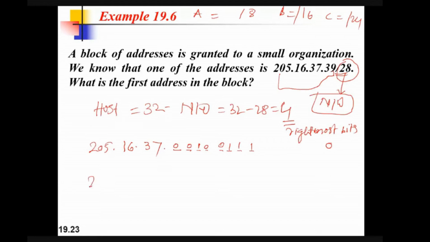So this will become 205.16.37.0010 and the rightmost 4 bits will be 0000. And this will become 205.16.37.32. This number is 32. Am I right? 1, 2, 4, 8, 16, 32. So your first address is 32.